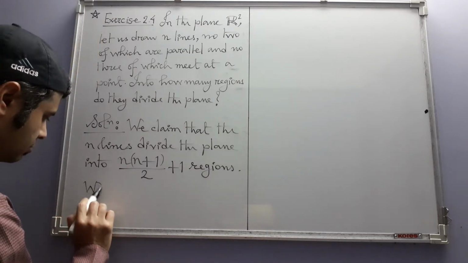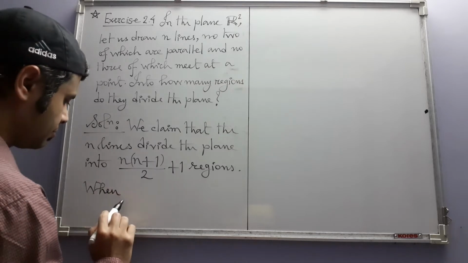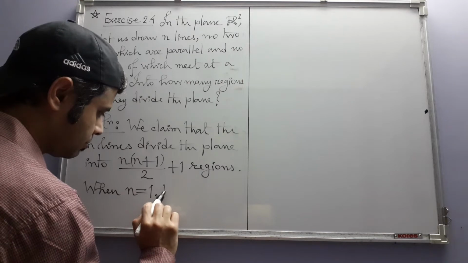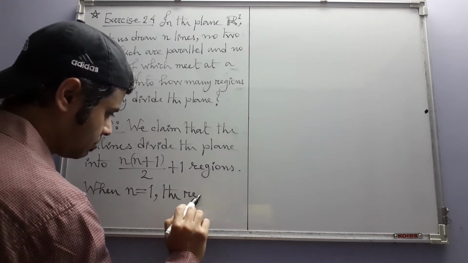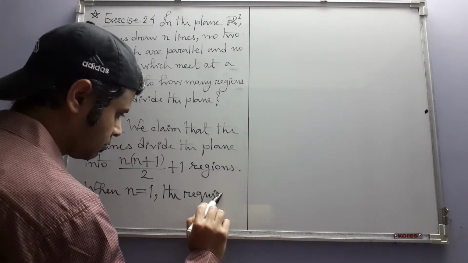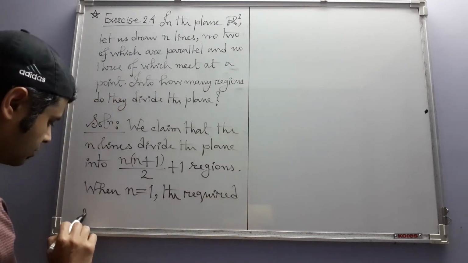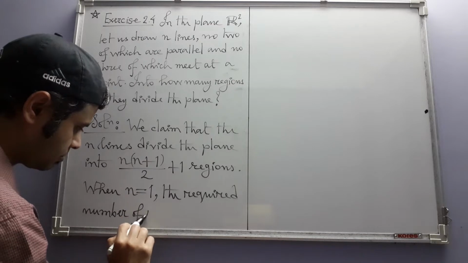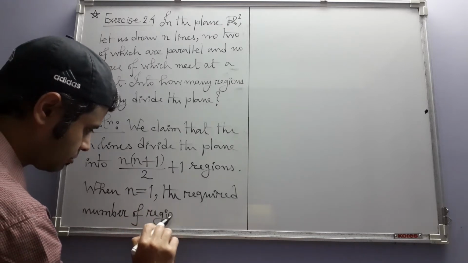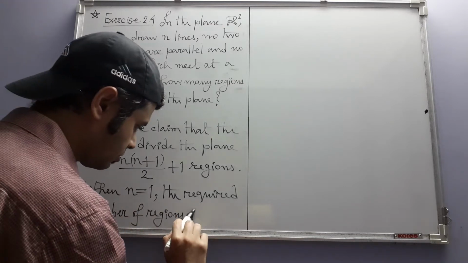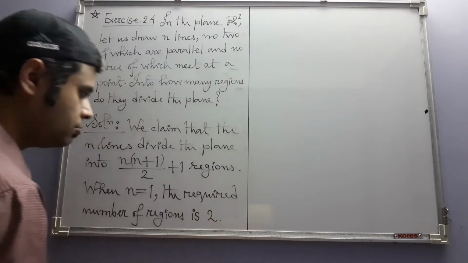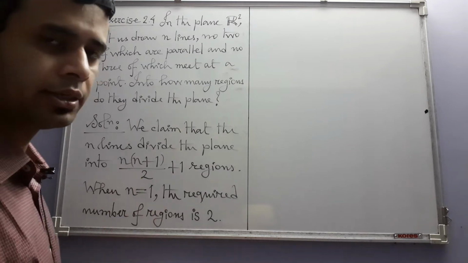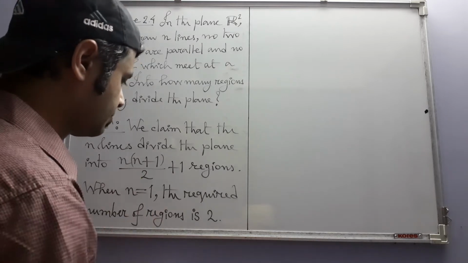When n is equal to 1, the required number of regions is 2, because if you have only one line, then that line divides the plane into two distinct regions.